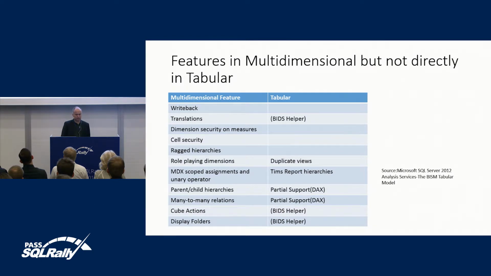Parent-child hierarchies, Marco and Alberto have examples on their sites where you can get DAX code to support that feature. Many-to-many relations also can be supported by DAX, but there's no interface for that. In multidimensional, you have that. And cube actions and display folders, the two last ones, can actually be implemented with BIDS Helper as well. They are not part of the data tools.